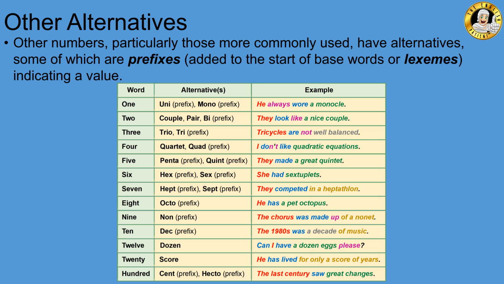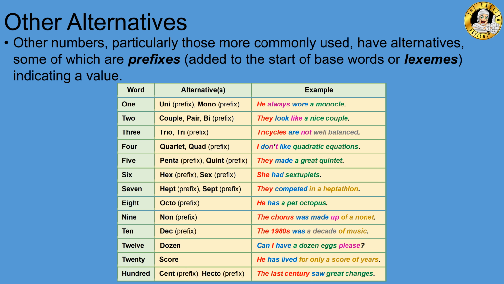6, hex is a prefix and sex is also a prefix. So she had sextuplets would mean she had 6 children in one birthing. 7, hept is a prefix, sept is also a prefix. They competed in a heptathlon.